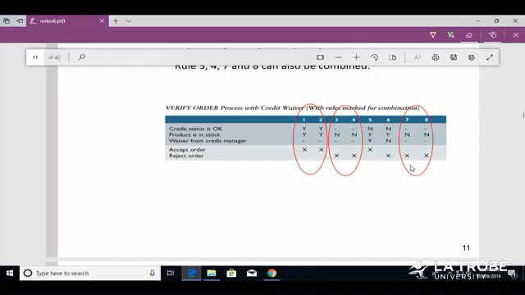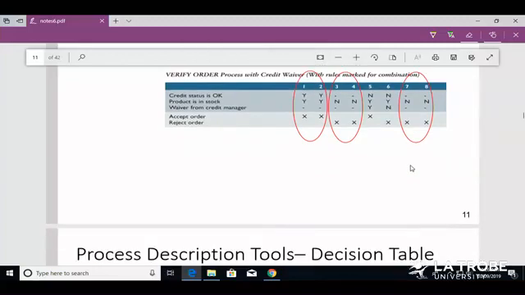Now you may ask yourself, all right, Osama, you said we need to replace the condition that doesn't matter with a dash, right? So why have we replaced the first condition for 3 and 4, 7 and 8 with a dash? Why?